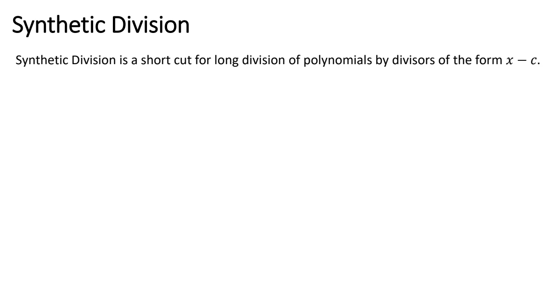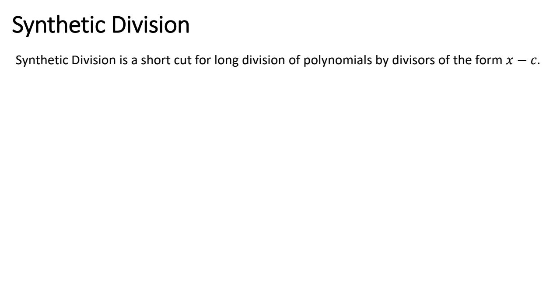Okay, and for us to use synthetic division, our divisor always has to be in this form, x minus c. If we have a divisor that has an ax, we cannot use synthetic division for that. Or if the x has a square, our divisor has a square, then we cannot use synthetic division. So in short, when we're dividing with synthetic division, we're only using a linear factor.